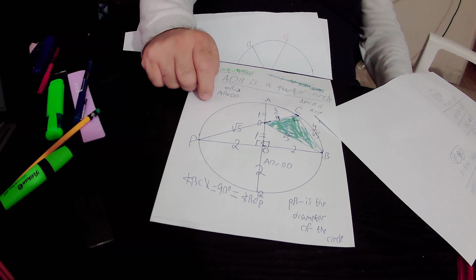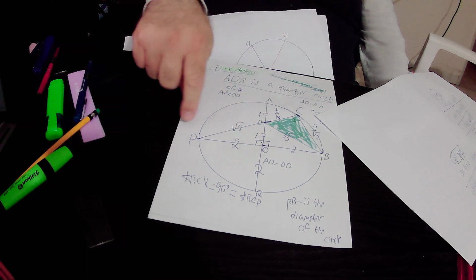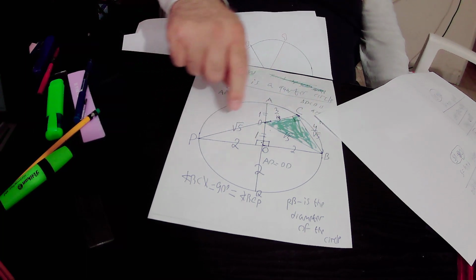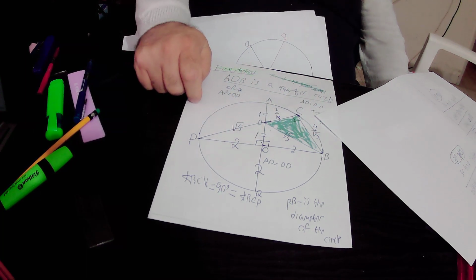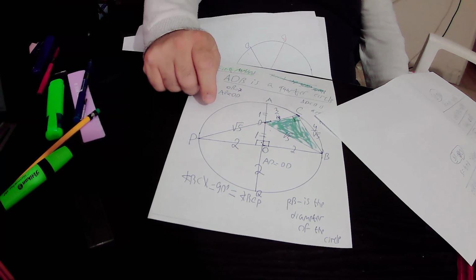Okay, then we know that PB is the diameter of the circle because it passes through point O, that is the center of the circle.